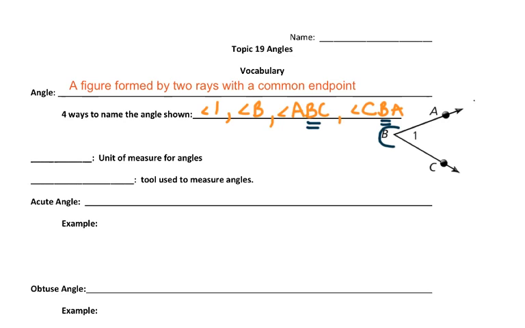And the vertex is the end point of the 2 rays where it meets. And we use degrees to measure angles. And the tool we use to measure is a protractor. So this should all be review.